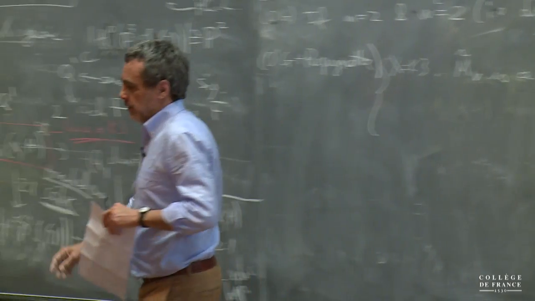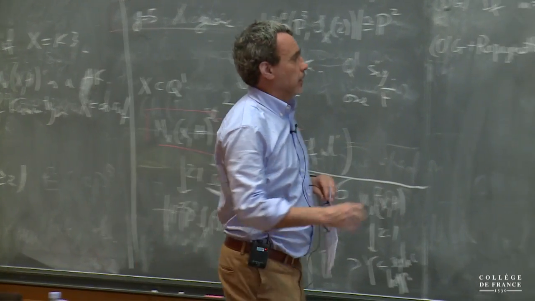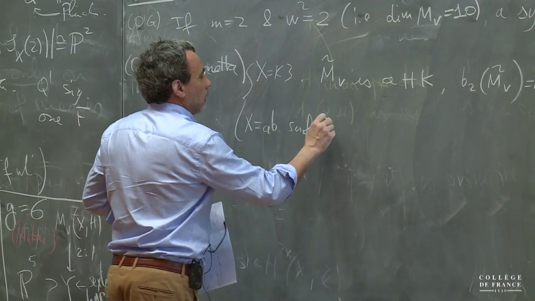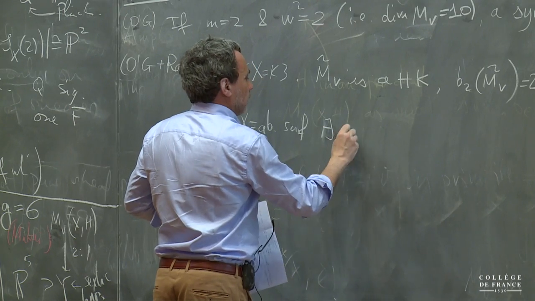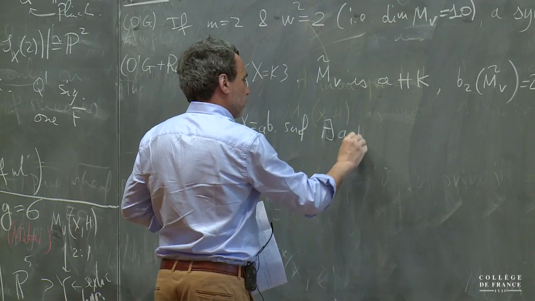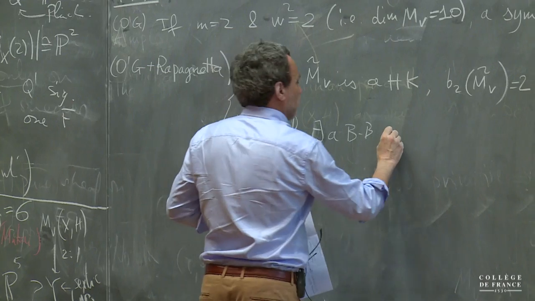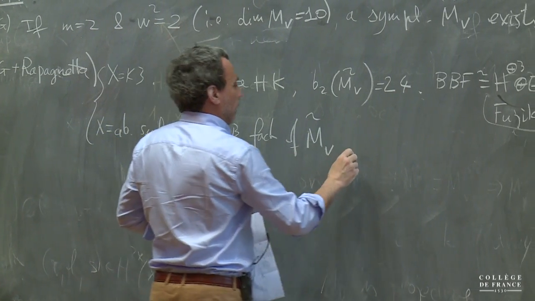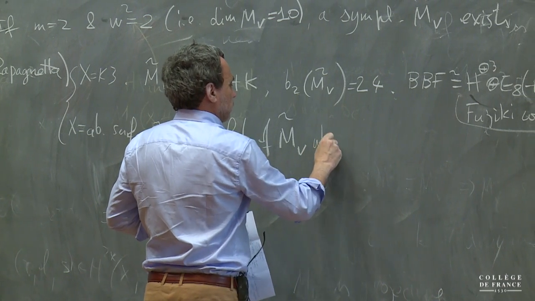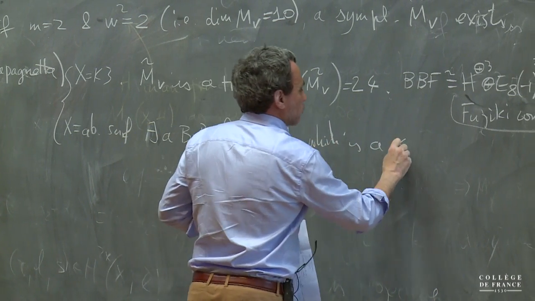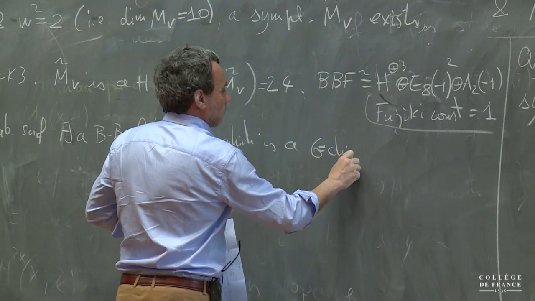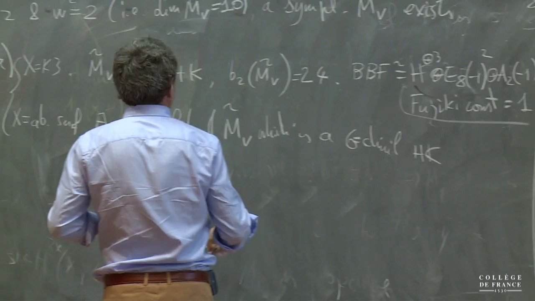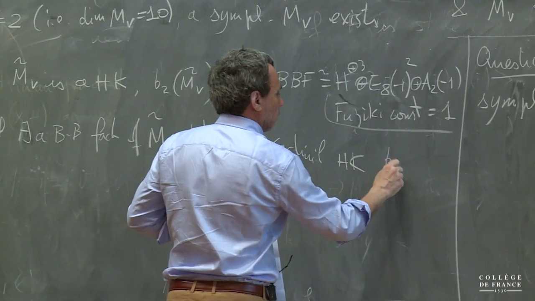And then if X is an abelian surface, there exists a Beauville-Bogomolov factor of MV tilde, which is a 6-dimensional hyperkähler with B2 equal 8.